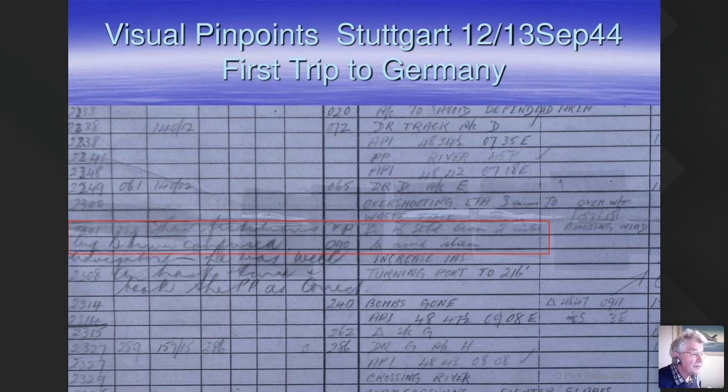So the target's on the starboard beam, 2 miles, and so they alter course to 90 degrees, and then eventually they do a series of left-hand turns.